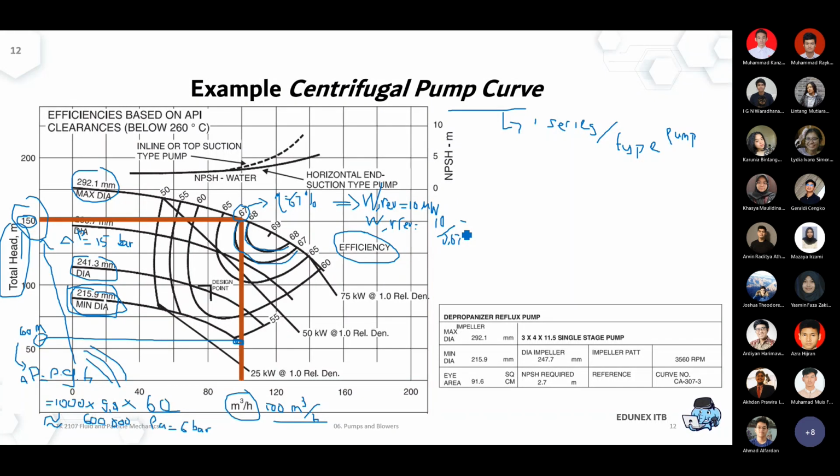So you actually have to provide close to 15 megawatt from your electricity because of this 67% efficiency.